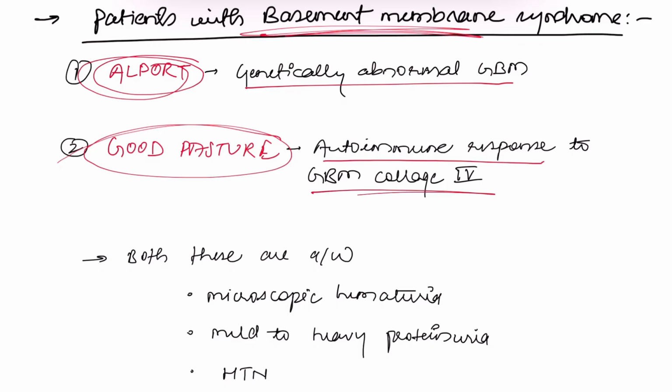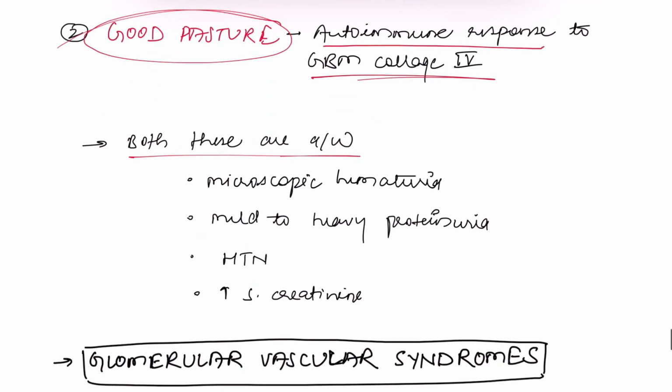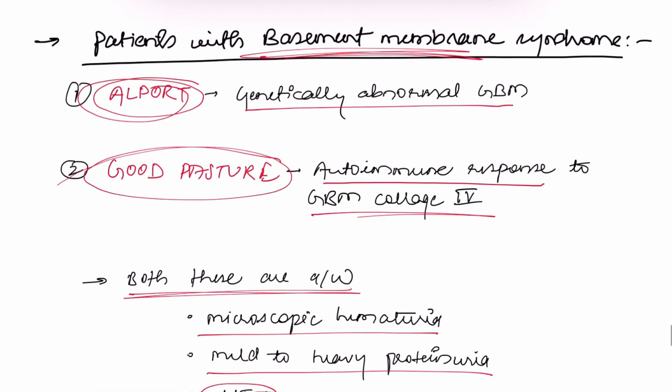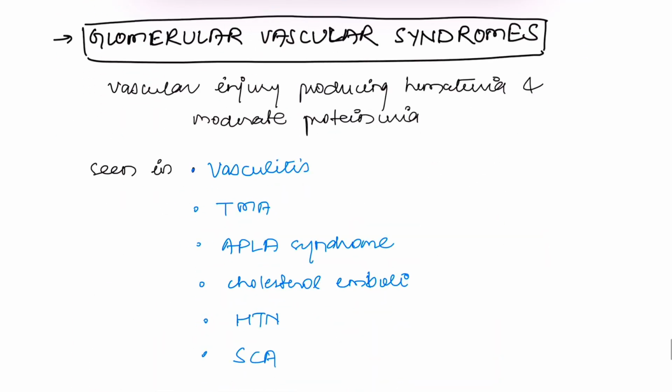But for now, let's have a rough idea about it. In both of these, the basement membrane is affected, but they are going to present with some similar clinical features. That is your microscopic hematuria, mild to heavy proteinuria, hypertension, and increased serum creatinine. So this is about your Alport and Goodpasture syndrome.